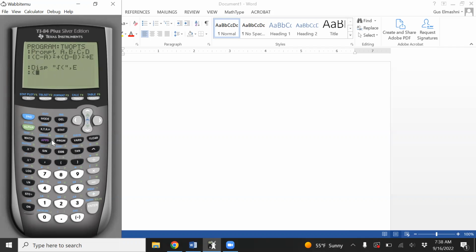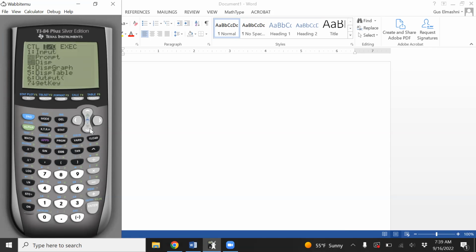Then I do my midpoint, so that's alpha C for alpha A plus alpha C, doesn't really matter. So you average the x's, store that as, say, F, and then we do alpha B plus alpha D, divide by 2, store as alpha G, and then we'll display that.